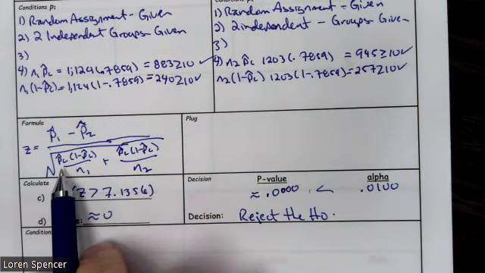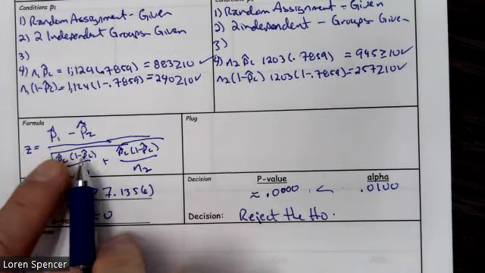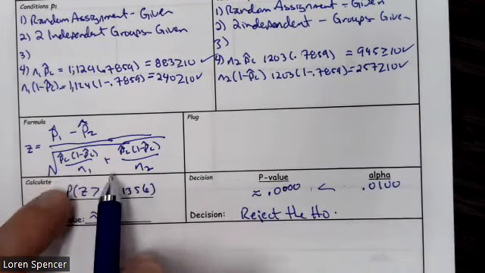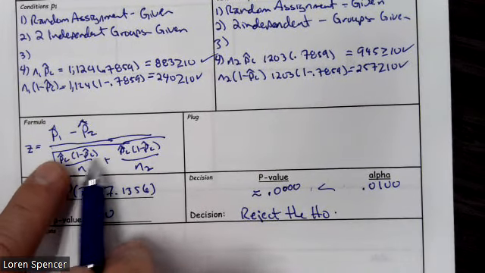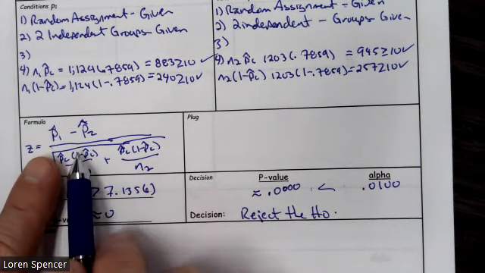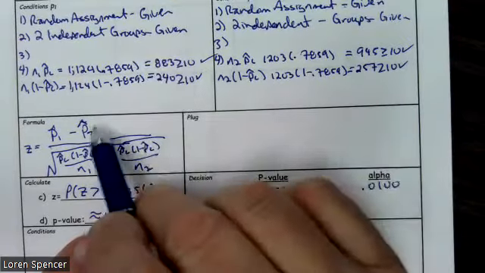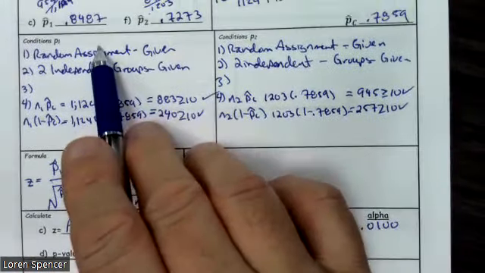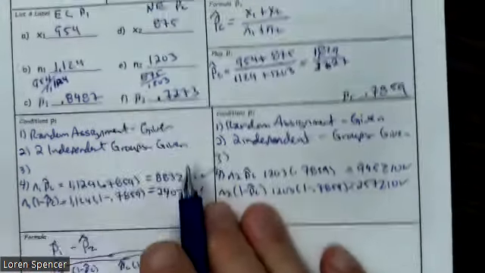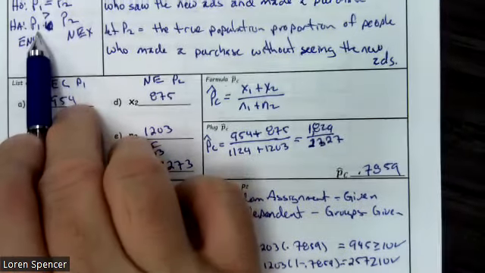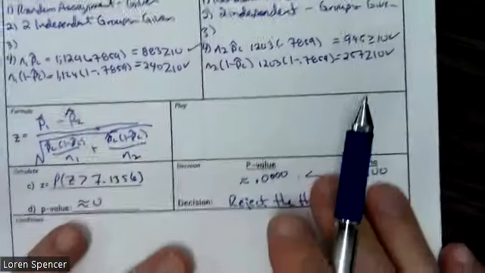Notice this is different than the confidence interval. In the confidence interval, this is going to be P1 and this is going to be P2, but here it's just P hat C. So the numerators down here are the same. All right, so we need to plug in. Well, we have P hat 1 and P hat 2 from up top. And we know that we want a greater than from our hypothesis.